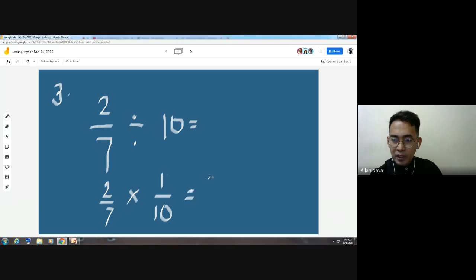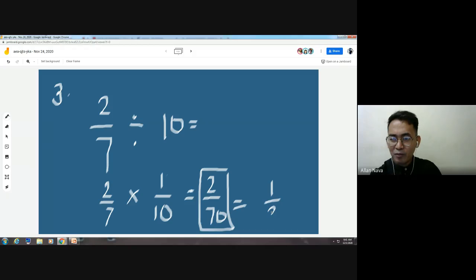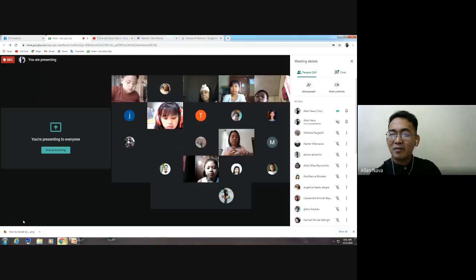Kaya, ina-explain ko muna. So, 1 times 2 is 2, and then we have 7 times 10 is 70. So, getting the lowest term of 2/70ths. So the answer there is 1 over 35, half of 70 is 35. So the correct answer is 1 over 35.